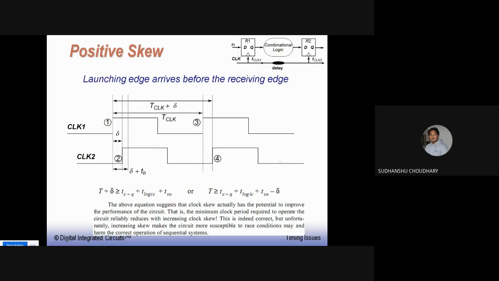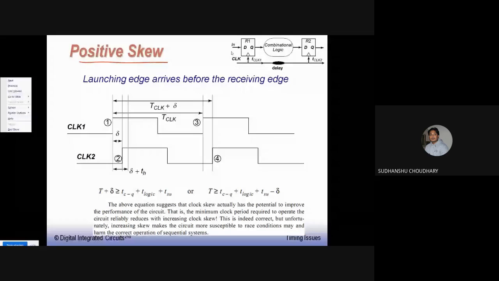Now let us consider this example where positive skew results because the data and the clock both are moving in the same direction. Let us say that a positive skew exists over here. First of all, let us try to understand the operation of this circuit. This is a positive edge triggered system.